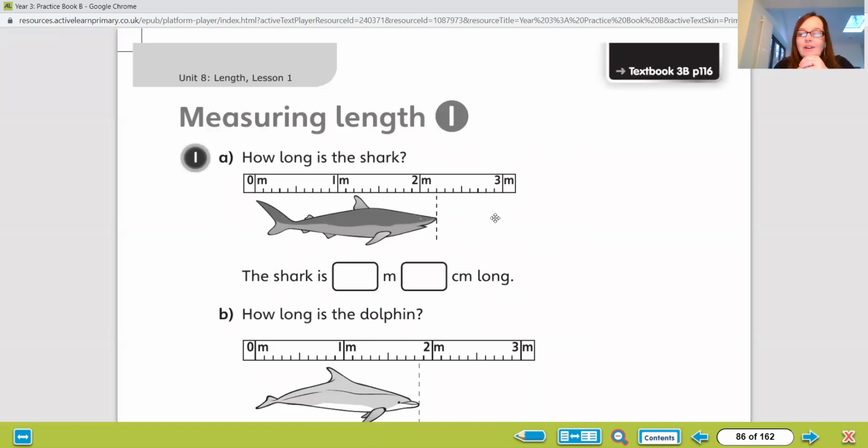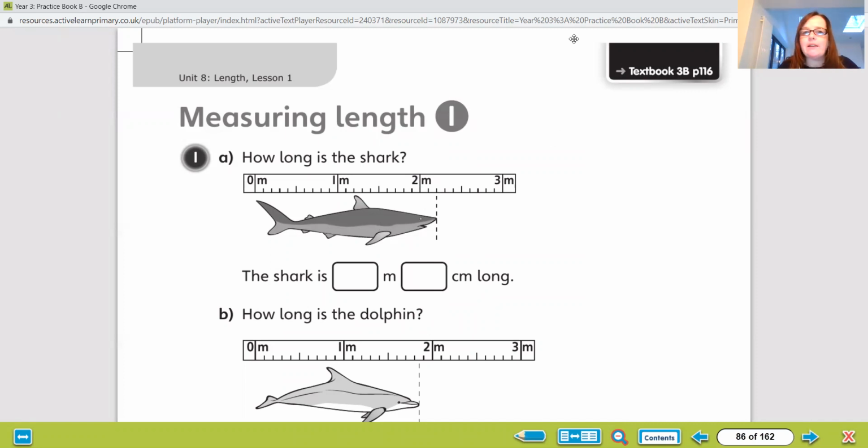So we've got to divide 100 by 10. So let's count in tens to 100. 10, 20, 30, 40, 50, 60, 70, 80, 90, 100. Okay, so each one of those little lines is worth 10 centimetres. So our shark is 2 meters and 20 centimetres.